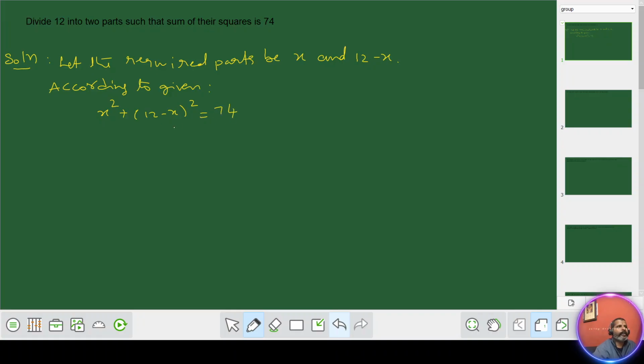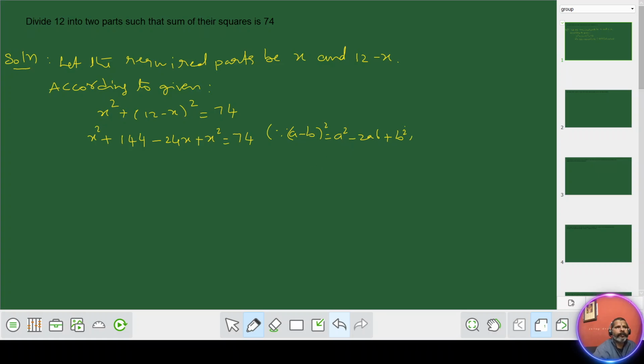Okay, open the bracket using (a minus b) whole square and try to get the quadratic equation for it. So x square plus 12 square is 144 minus 2ab, 2 times 12 is 24, into x, 24x, plus b square is x square. Okay, you just write a reason here. (a minus b) whole square is a square minus 2ab plus b square.